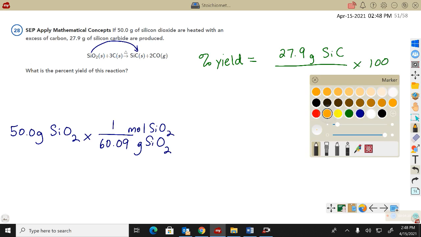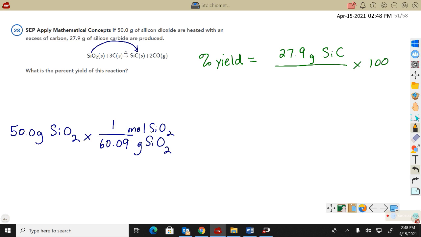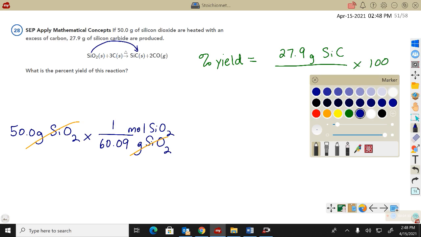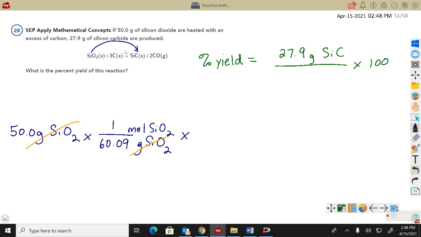After a while, I hope these mole to mole stoichiometry conversions start to click, that there's always a pattern. We always do the same thing. They just take practice. All right, now that I'm in moles, I can cancel moles of the silicon dioxide and convert it to whatever I want. I want to know about the silicon carbide.